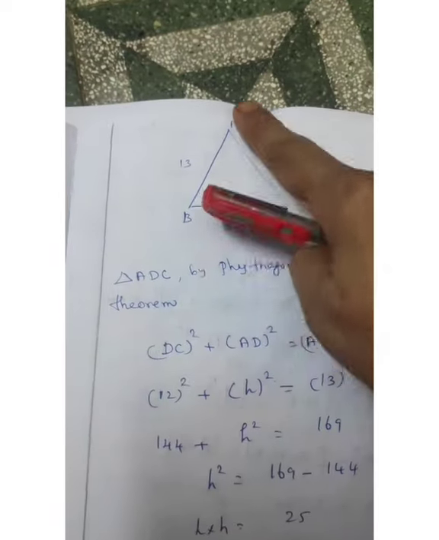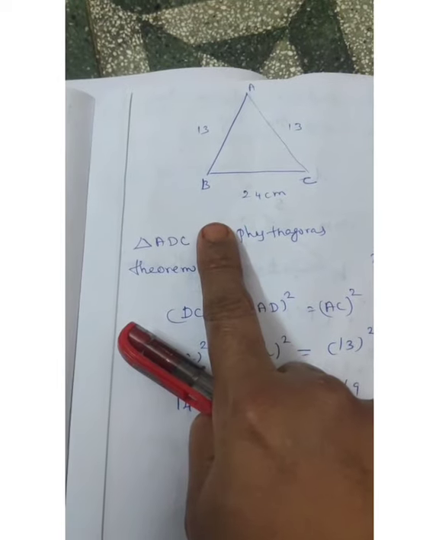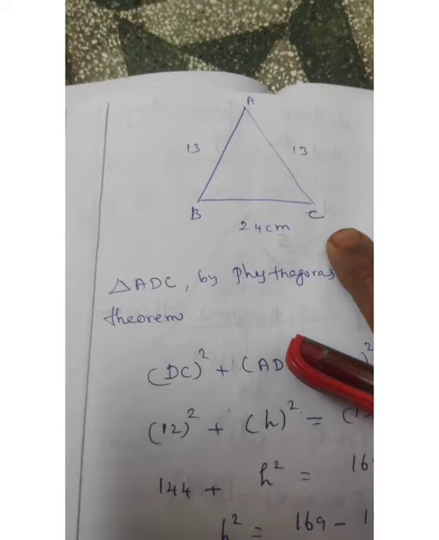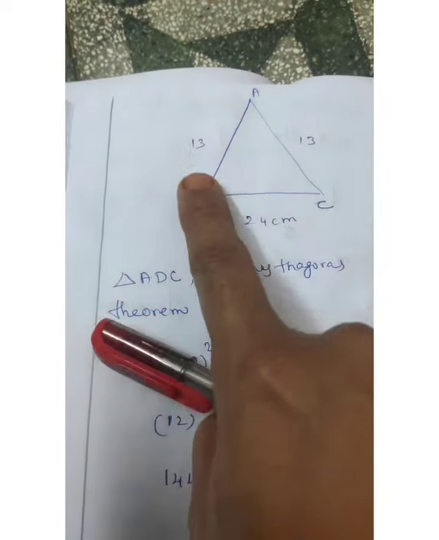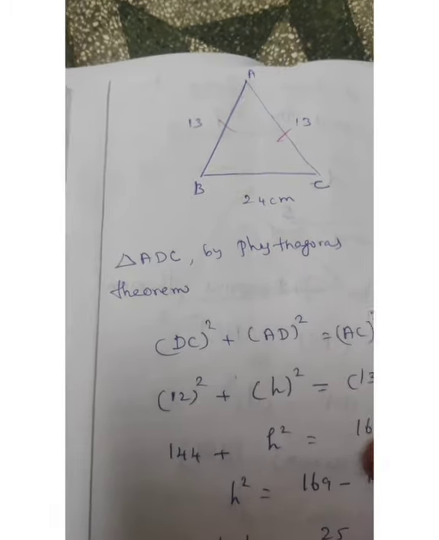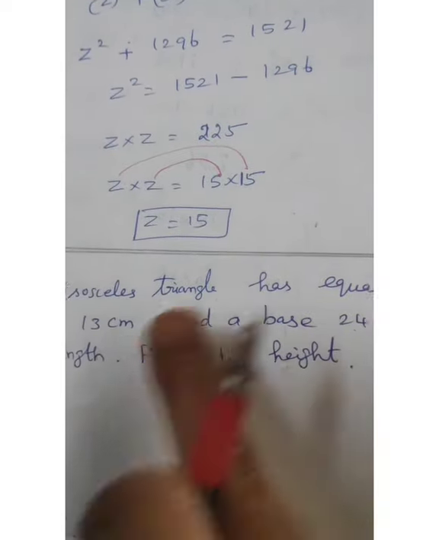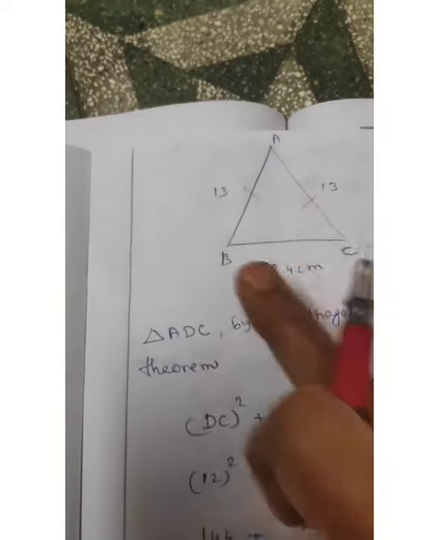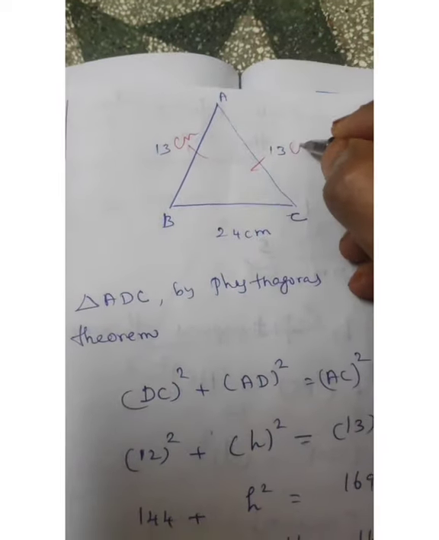I draw one triangle and write ABC. The base is 24. In an isosceles triangle, two sides are equal. Each side is 13 centimeters, so here also 13 centimeters, and here also 13 centimeters.